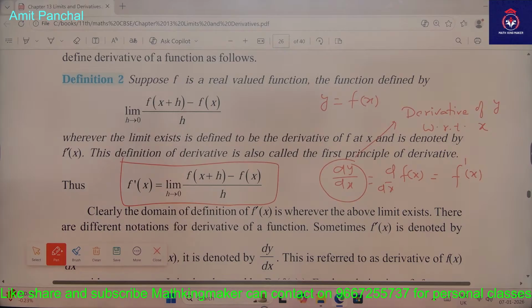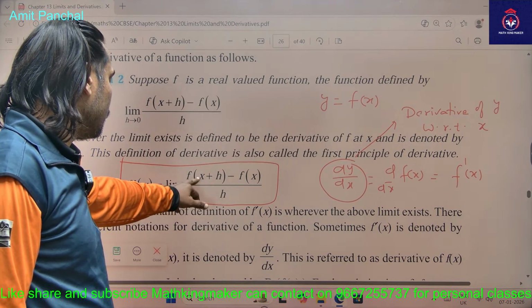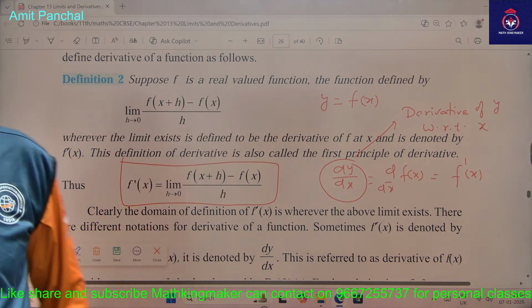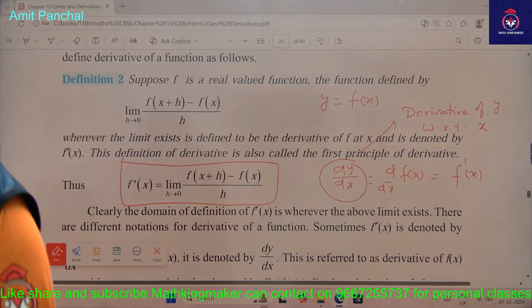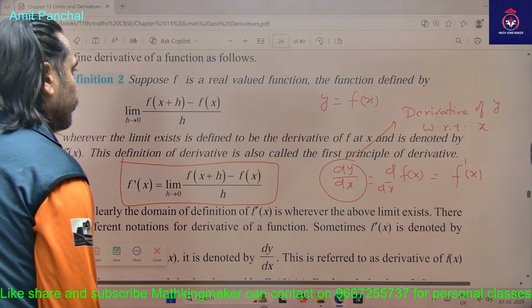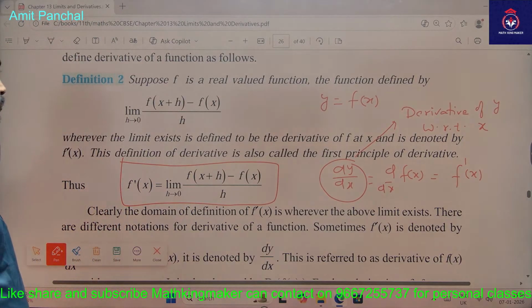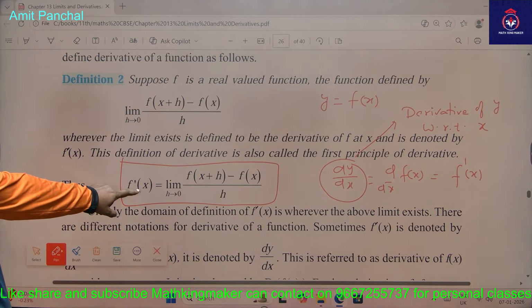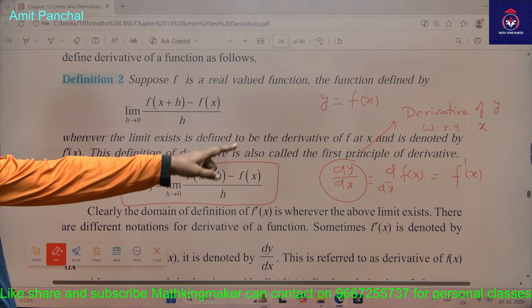Just write it down, then we'll see some questions based upon this. That is the same thing, because in place of a we have replaced a with x only, isn't it? Just note it down. This one is also written as dy by dx, or we can write it as d by dx of f(x).